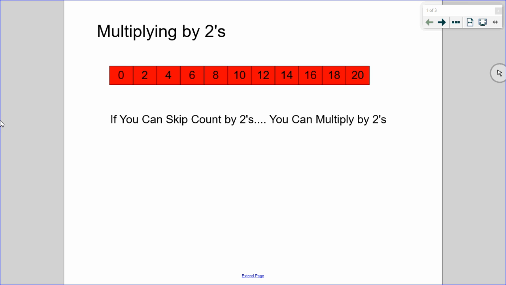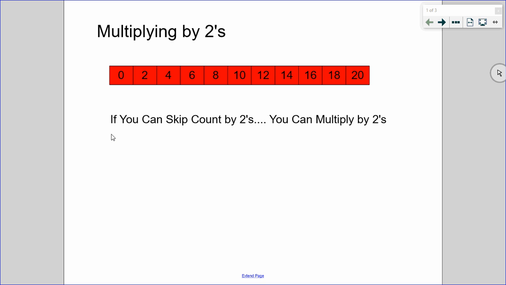You can just do it on paper and write your numbers out as one strategy to learn your multiplication facts. So let's skip count by twos just to get these in our brains. Ready? 0, 2, 4, 6, 8, 10, 12, 14, 16, 18, 20.